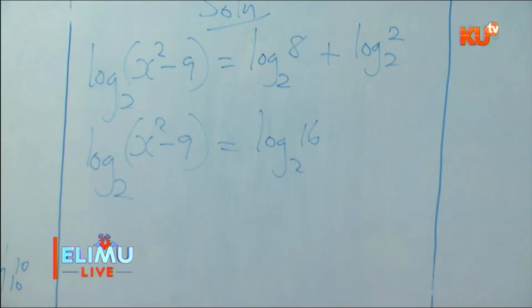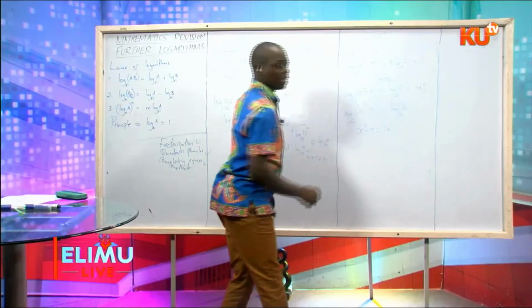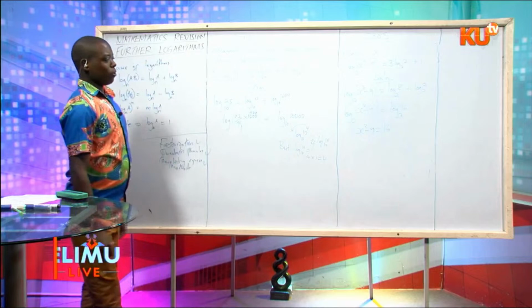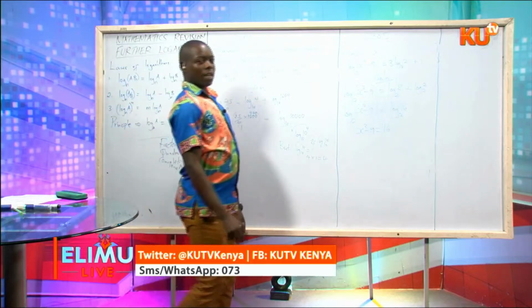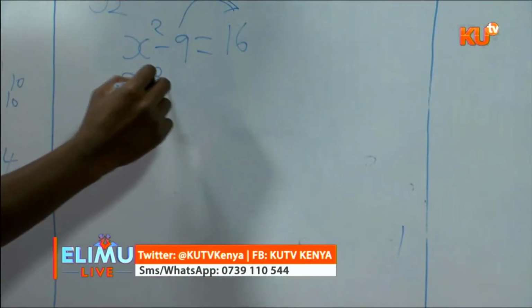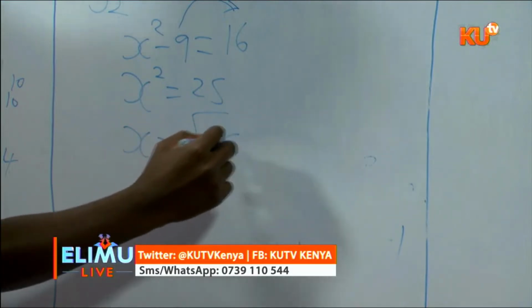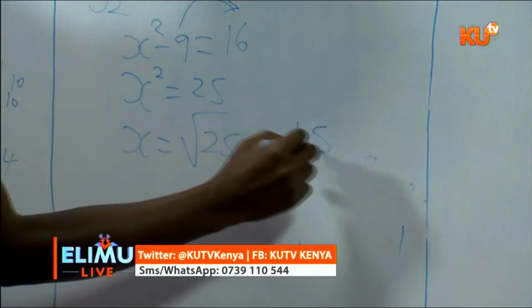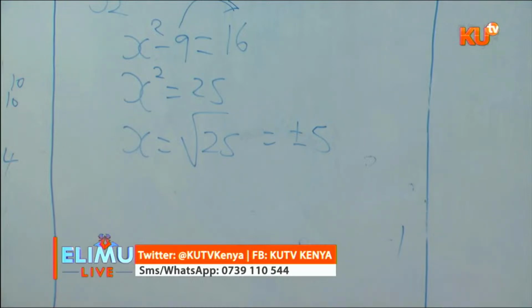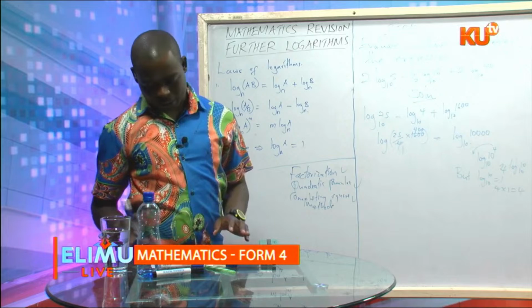Dropping the logs, we have x squared less 9 equal to 16. So we take negative 9 to the right hand side, that becomes positive. So x squared is equal to 25, and x becomes the square root of 25, which is plus or minus 5. That is 2005, and that amounted to 4 marks, as short as it is.